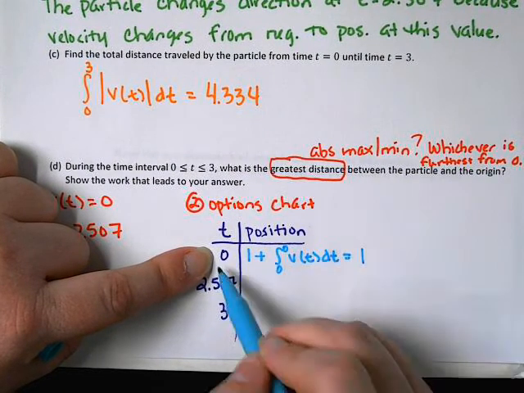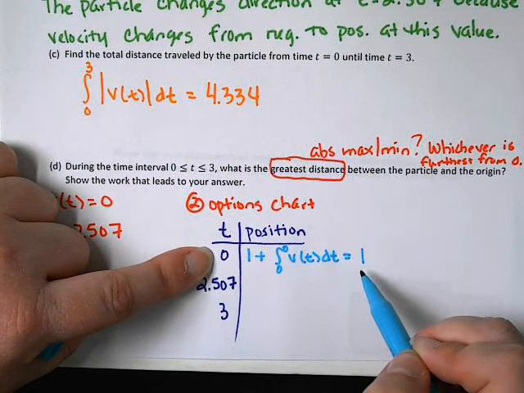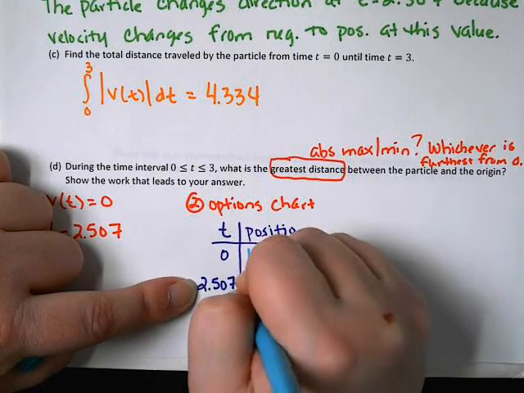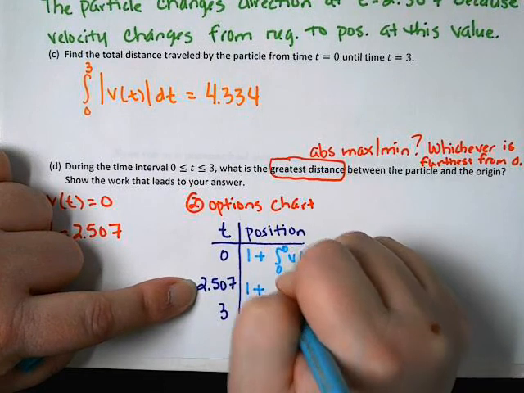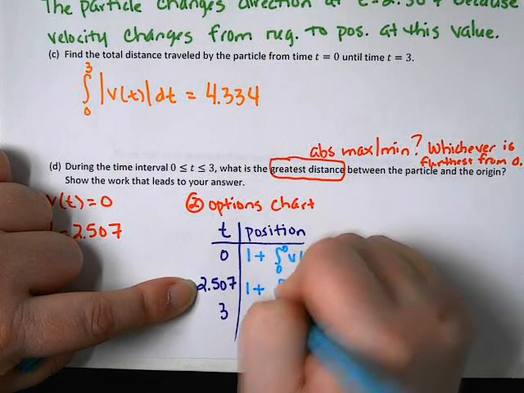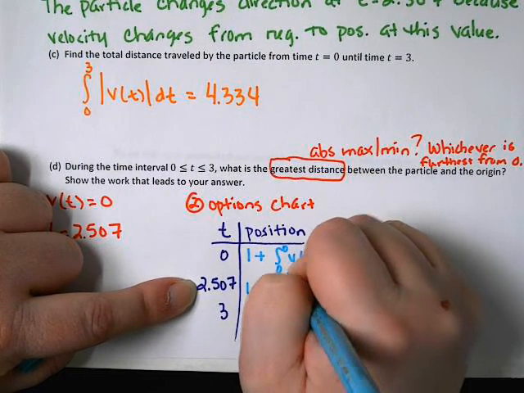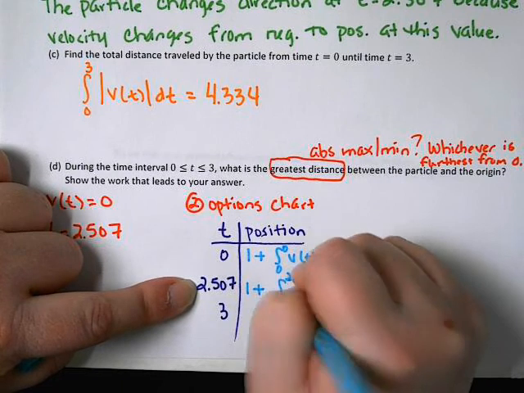So at time t equals 0, the position is 1. Then I'm going to take my initial position, which is 1, and do the integral from 0 to 2.507 of v of t dt.